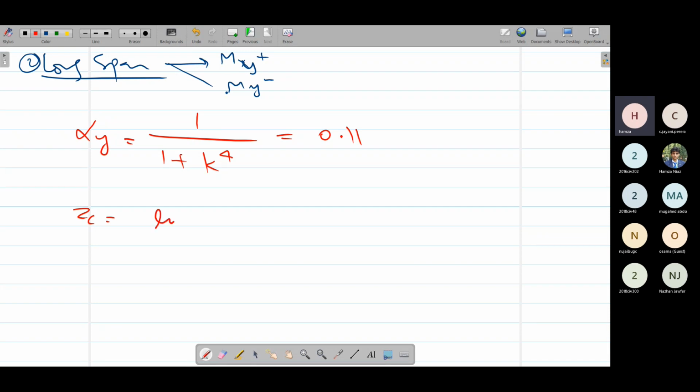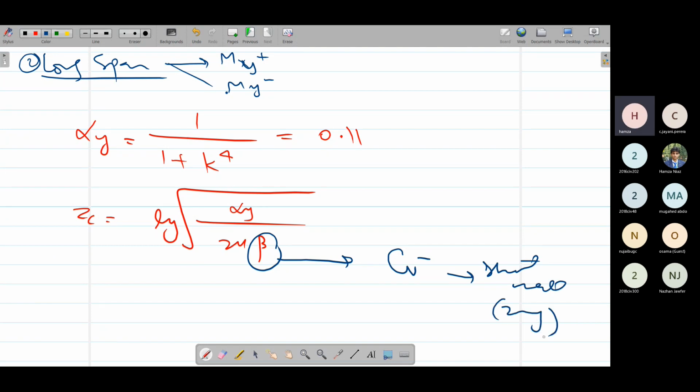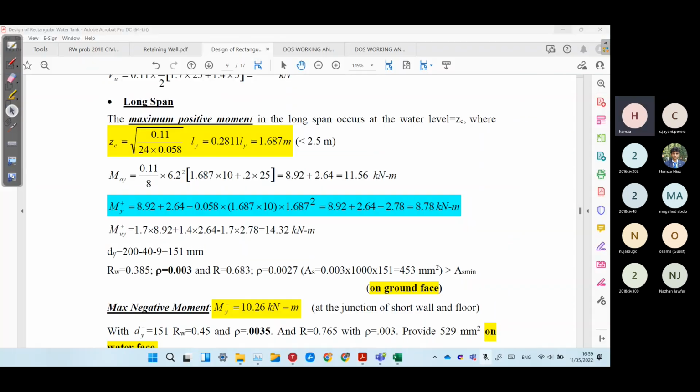Zc is Ly times alpha y over 24 beta. In this case, the beta value you would take is whatever the CV negative value was for the short wall, because the short wall was two-way. So for two-way we take whatever the CV negative value was, and take this as the beta value.